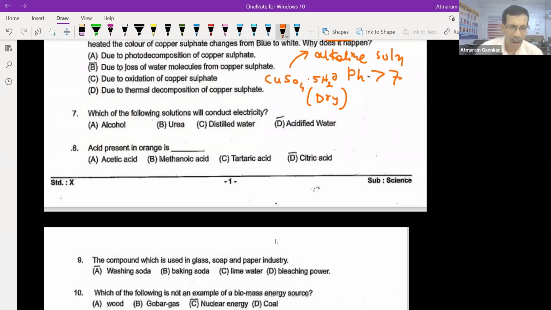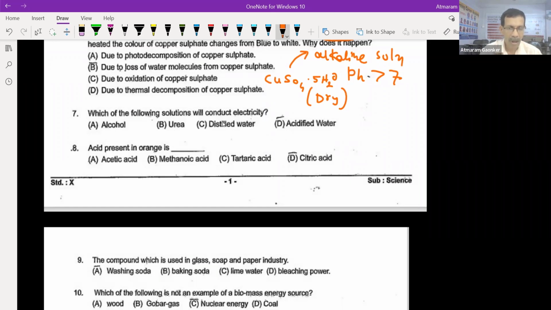Now, first, here the options are alcohol, urea, distilled water, acidified water. Electricity is conducted when there are free ions available to conduct.